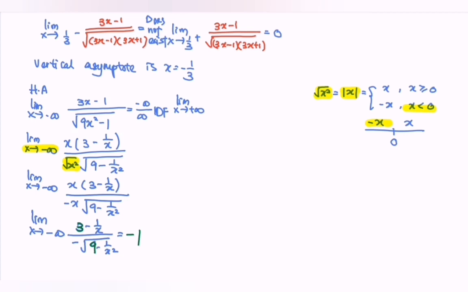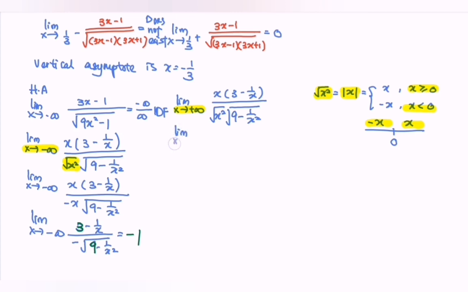Next, we have the limit when x approaching positive infinity. For this case, we have x multiplied with 3 minus 1 over x, over the square root of x squared multiplied with 9 minus 1 over x squared. For this case, we have positive infinity, meaning greater than or equal to 0, so we have the x. So kindly substitute the situation.